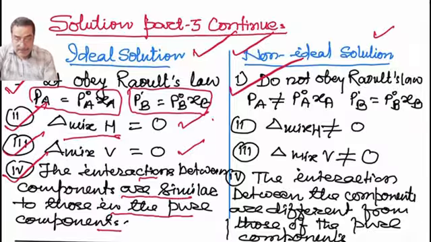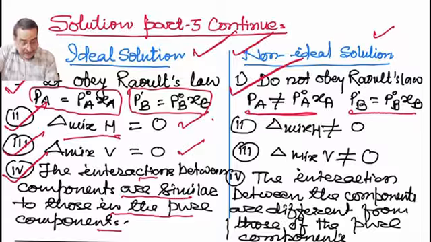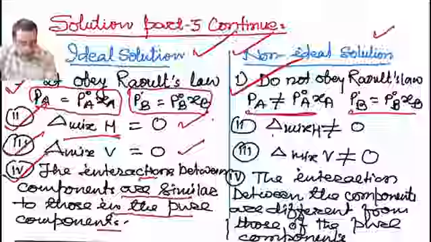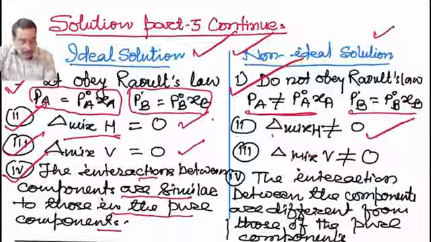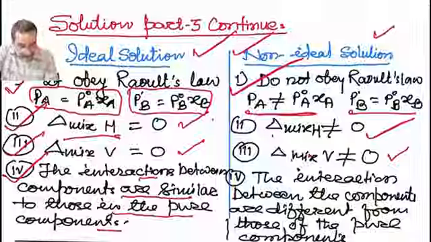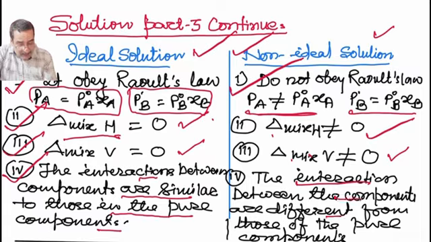The first condition, PA is not equal to P naught A XA and PB is not equal to P naught B XB. Delta H mixing is not equal to 0. Change in volume is not equal to 0. The interaction between the components is different from that of the pure components.